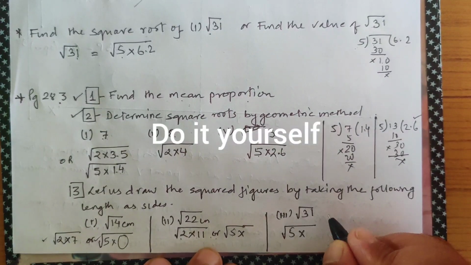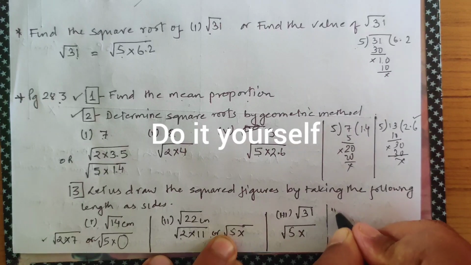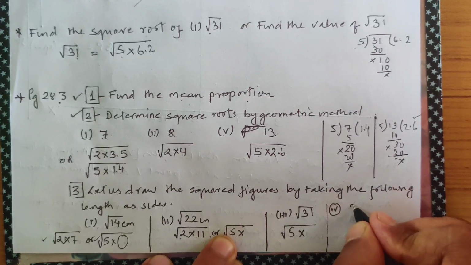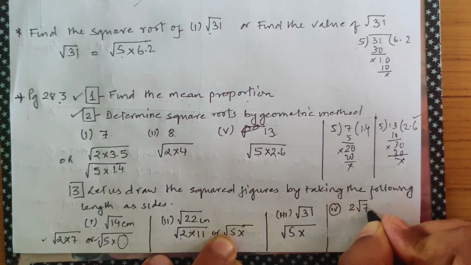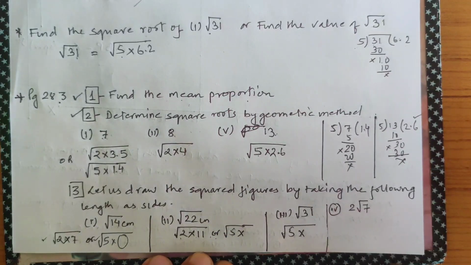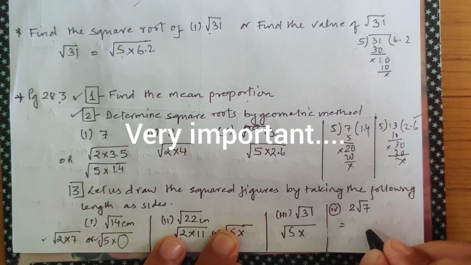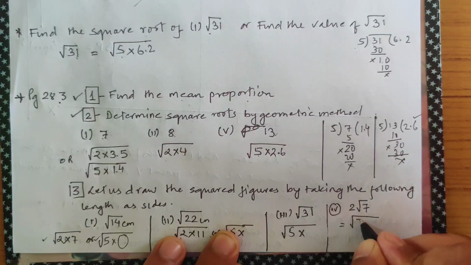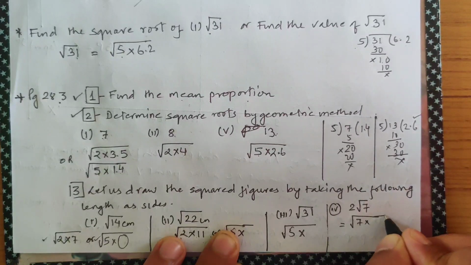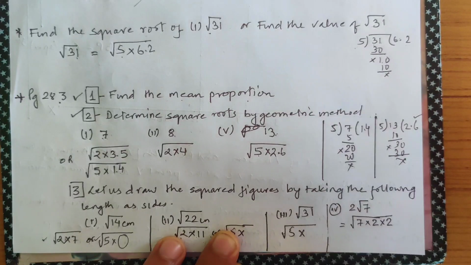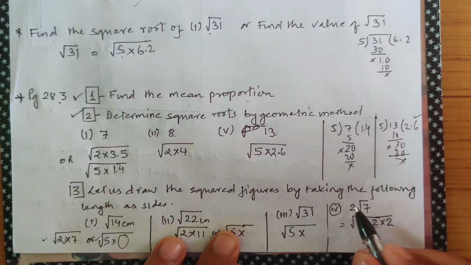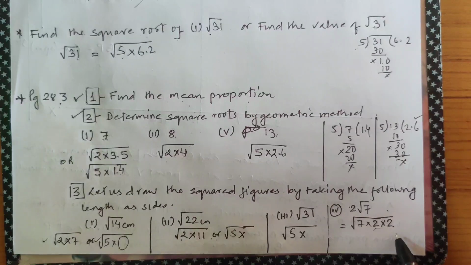Let's do another one, a very important one, number 4. Supposing you have a question as 2 root 7. How will you do it? Relax. This one is very much important. This 2 has come out from here. Can you see this? Just because this is a pair, it comes out. So it becomes 2 root 7. So bring this 2 back into the square root.